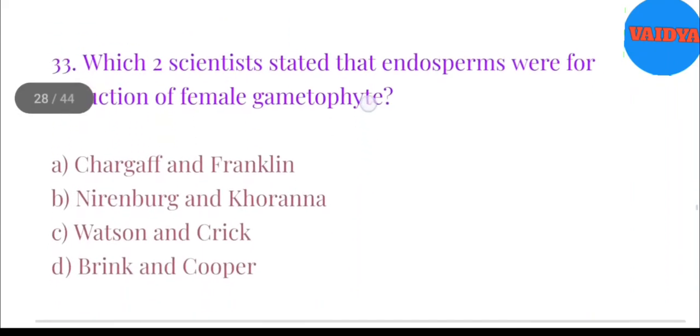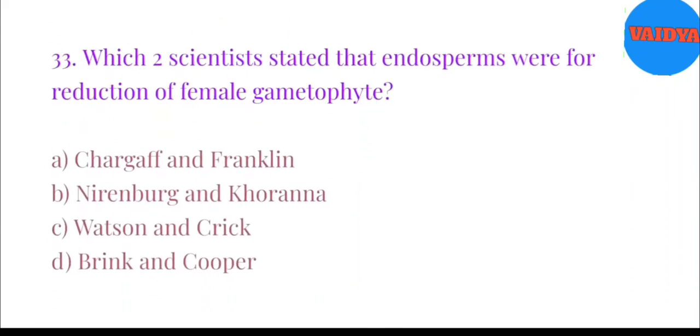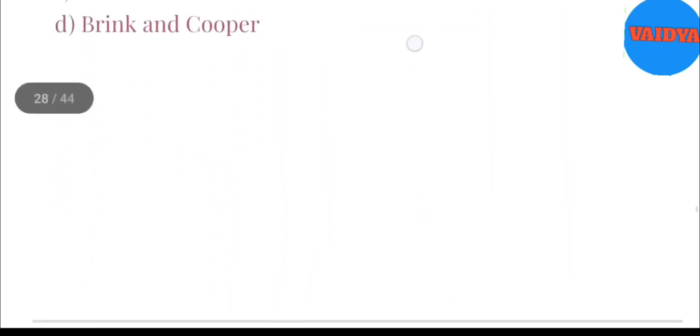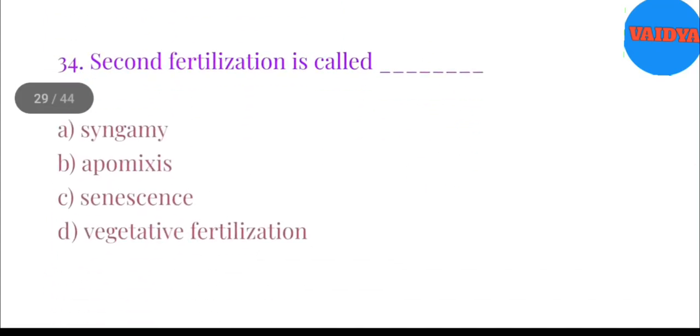34. Which two scientists stated that endosperm was a reduction of female gametophyte? A. Chargaff and Franklin. B. Nirenberg and Khorana. C. Watson and Crick. D. Brink and Cooper. Answer: D. Brink and Cooper. 35. Second fertilization is called? A. Syngamy. B. Apomixis.